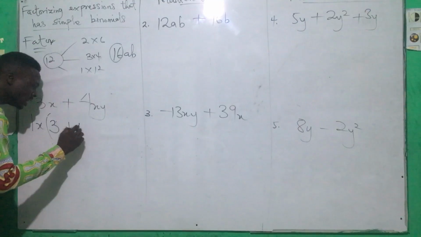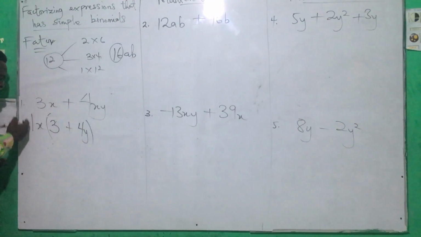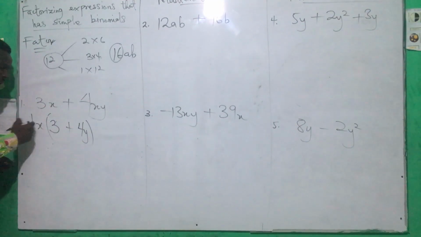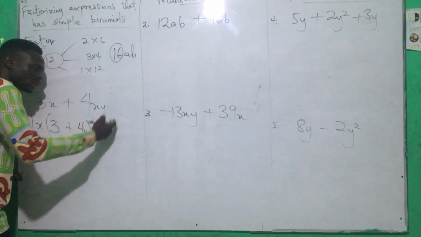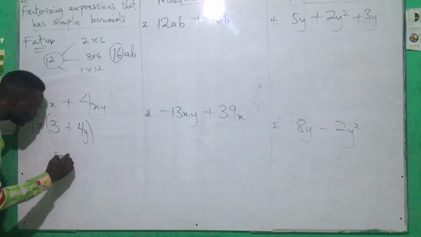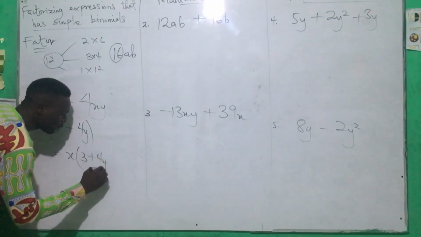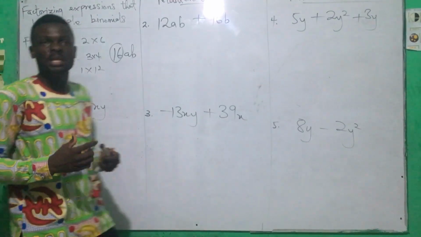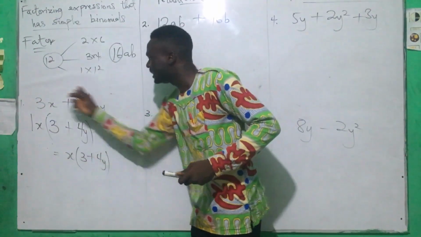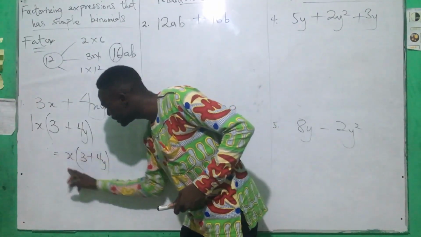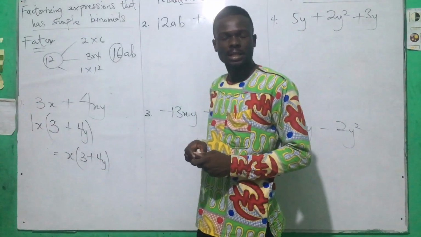If you multiply the number outside the bracket by this, you get this. So our answer is x bracket 3 plus 4y. I have been able to factorize this expression by putting it in a bracket.